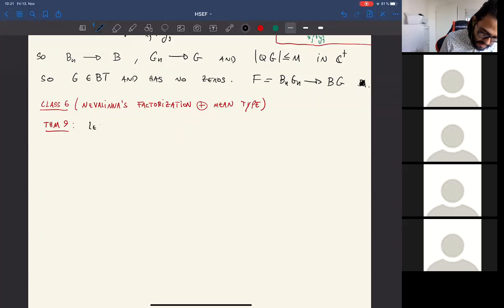So let F be analytic, and say that F of z is different than 0 in a certain neighborhood of the origin.